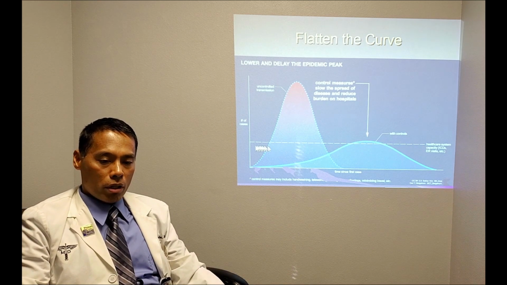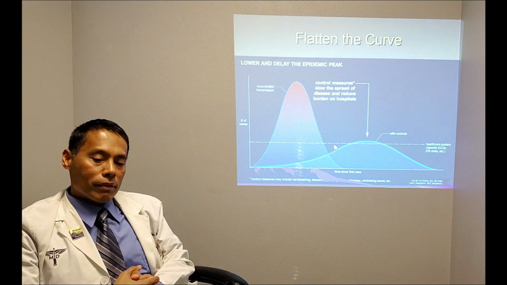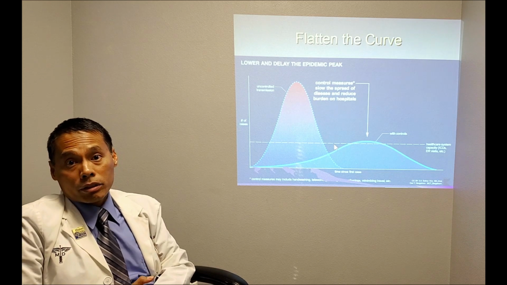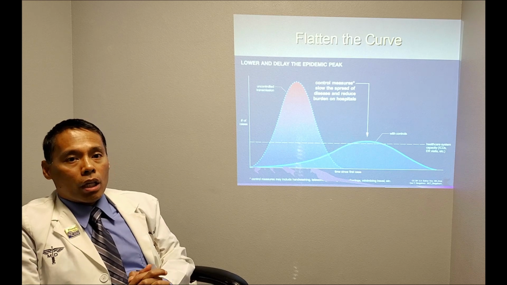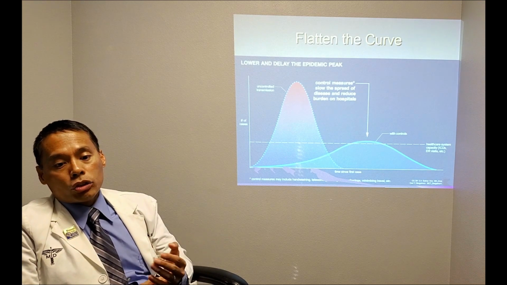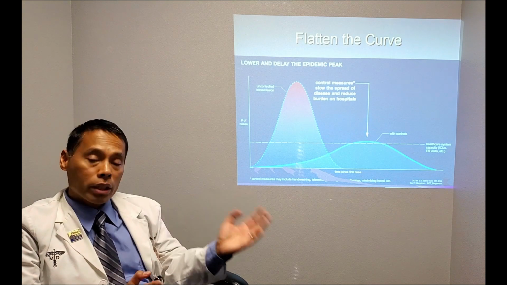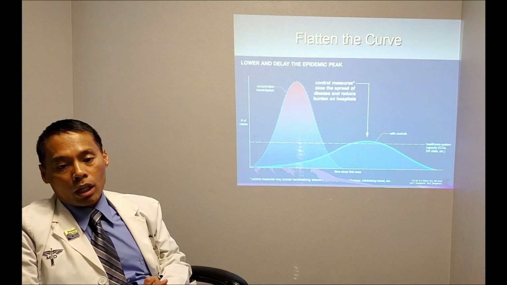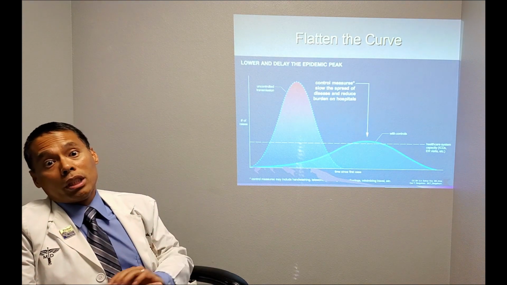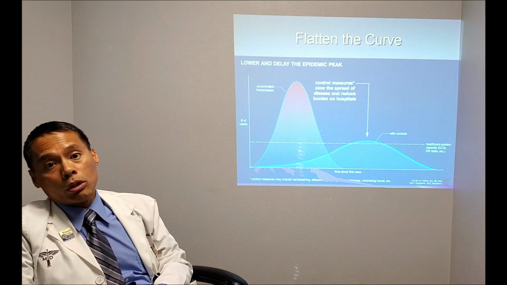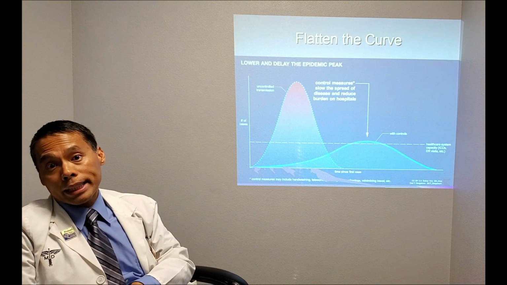represented by this horizontal line, if we exceed the capacity of our healthcare system to care for the critically ill or severely ill individuals, not only will we endanger all the other patients that are currently in the hospitals being treated for something else totally unrelated, we can actually endanger the physical number of healthcare workers that we have who are safe enough to go out and care for patients that need them.